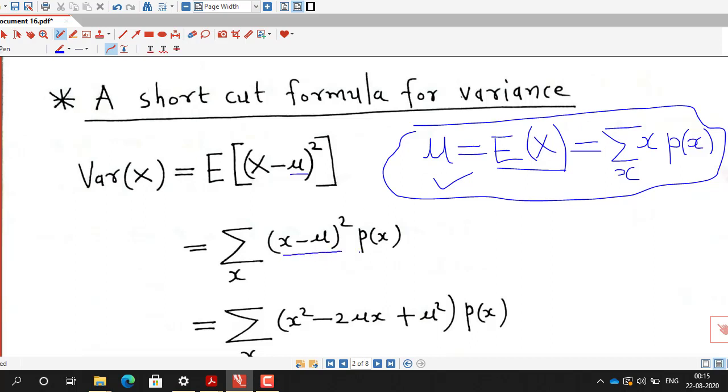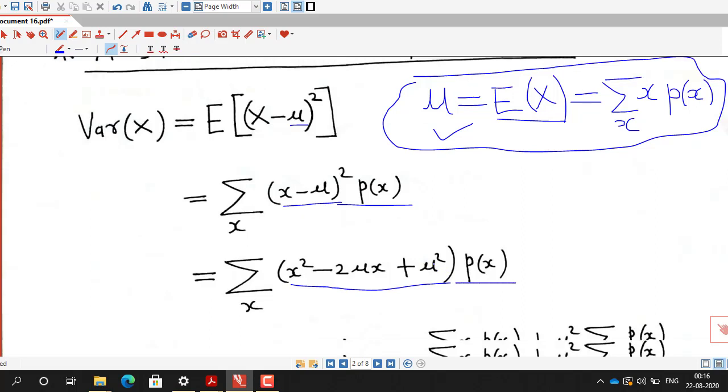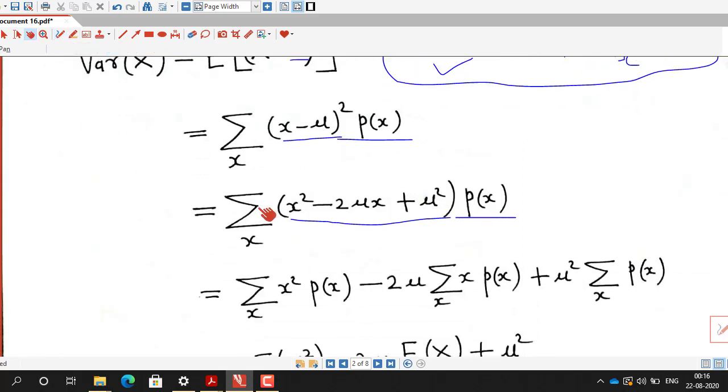So (x minus mu) square into p(x). Now if we expand this, it is going to be x square minus 2 mu x plus mu square into p(x). So now we can expand this summation.